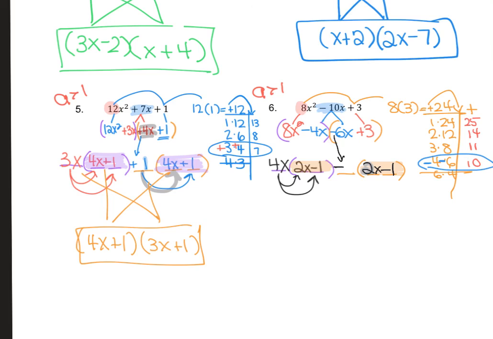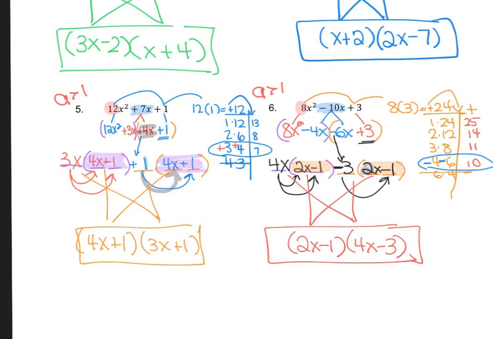Even if you don't have the sign there, what times 2x will get us negative 6x? It's going to be negative 3, right? And if we check ourselves, negative 3 times negative 1, does that get us positive 3? Yes, it does. So now we pull down, see what we get. The 2x minus 1 comes together. The 4x minus 3 comes together. And we're good to go.